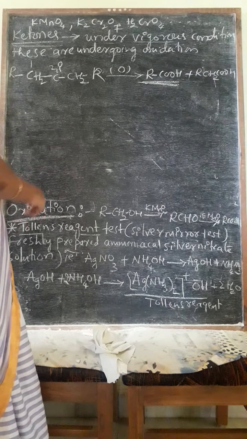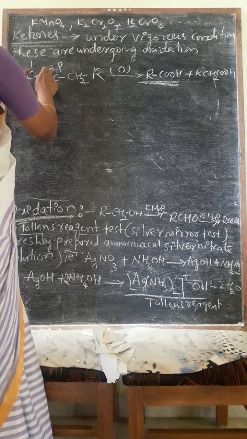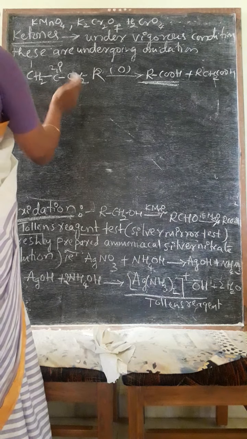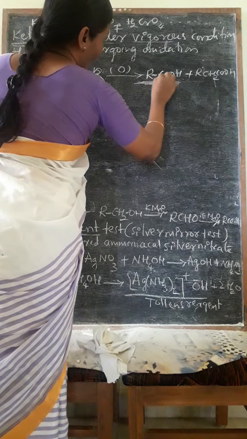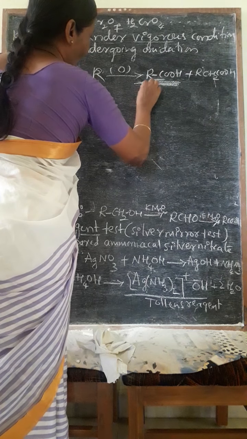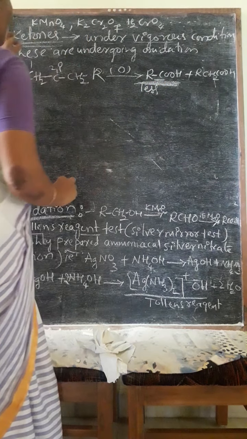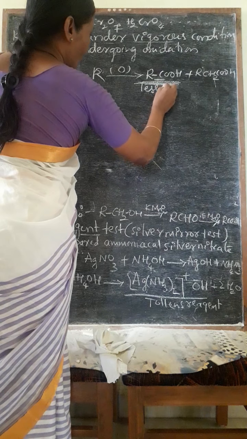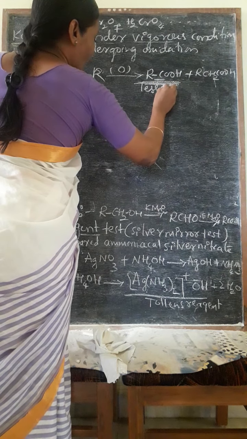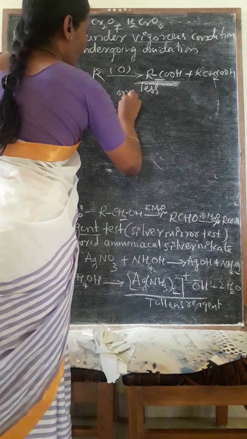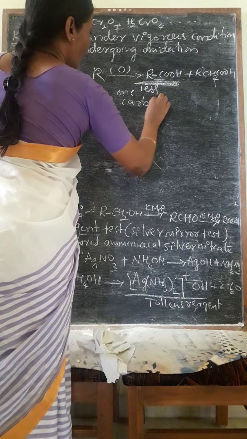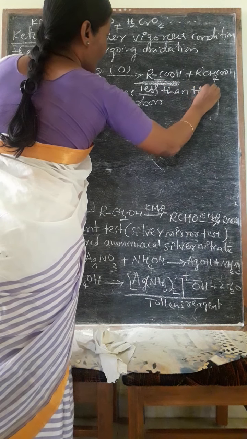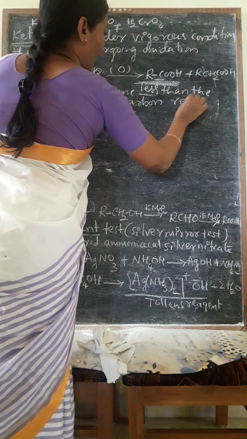What happens here? The bond is cleaved between carbon 1 and 2. There are 2 carbons involved, but the product we have got has only 1 carbon. Therefore, whenever ketones undergo oxidation, the product formed is 1 carbon less than the reactant taken.